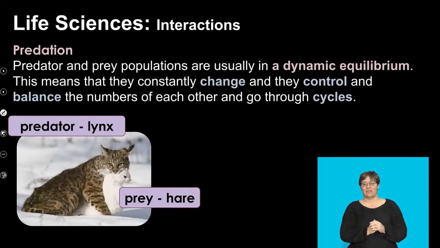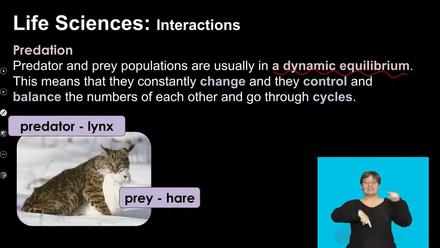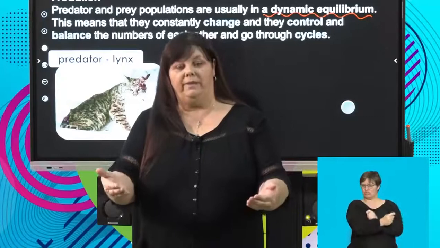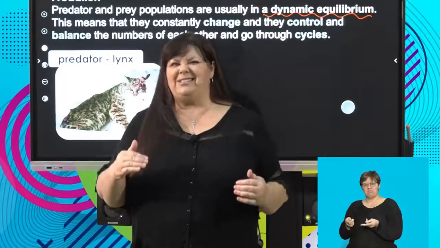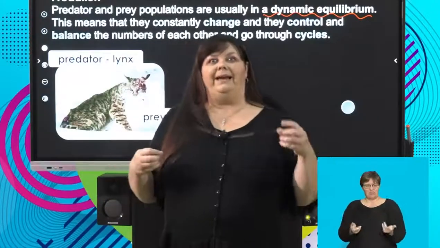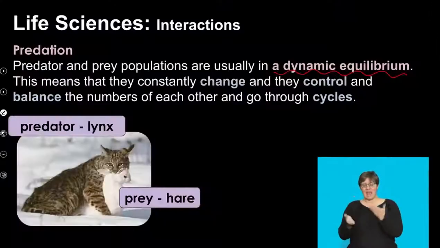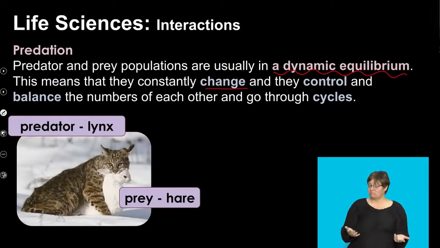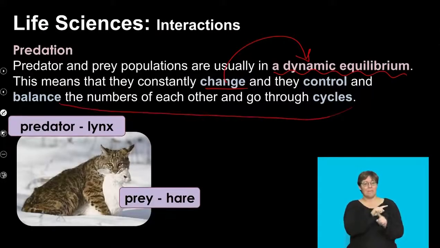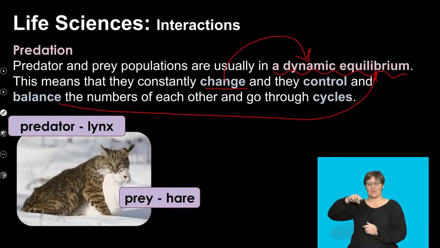Now, predator and prey populations are usually in what we call dynamic equilibrium. That sounds strange if you break up that term. Dynamic means to change, and equilibrium means to stay the same. So what on earth are we talking about? Well, they are changing, that's the dynamic part, but they're going to balance each other out, which is where the equilibrium bit comes into play.